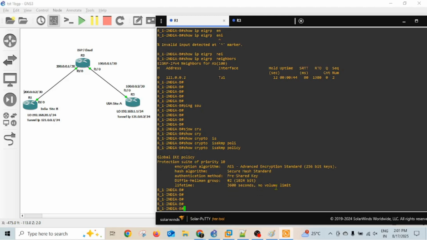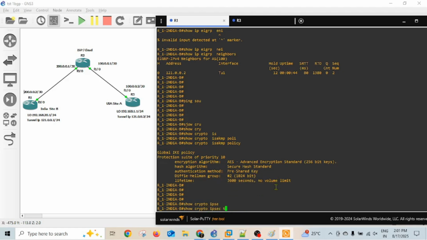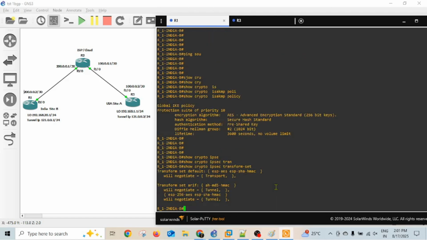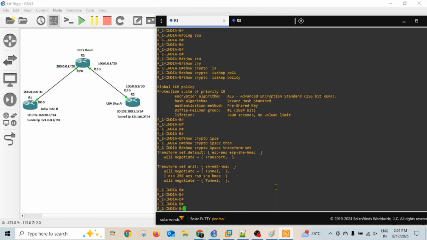And if we say show crypto IPsec transform set, here also it is negotiating. So these parameters you just need to check match on both sides. If they do not match, it will not come up.